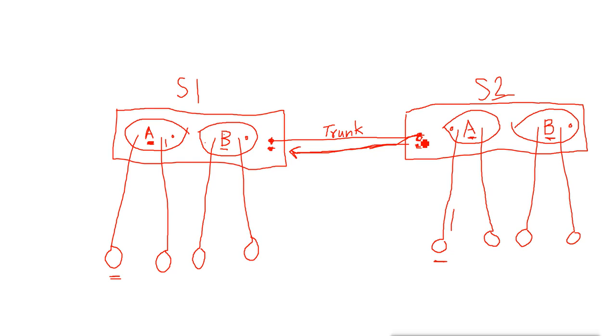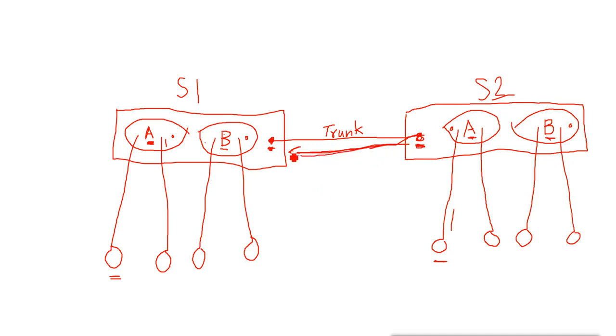If someone says that you want to be the trunk, for example, if this port is in dynamic auto mode, it will not convert into trunk. It will only convert into trunk when the other side says that I want to do trunk with you.